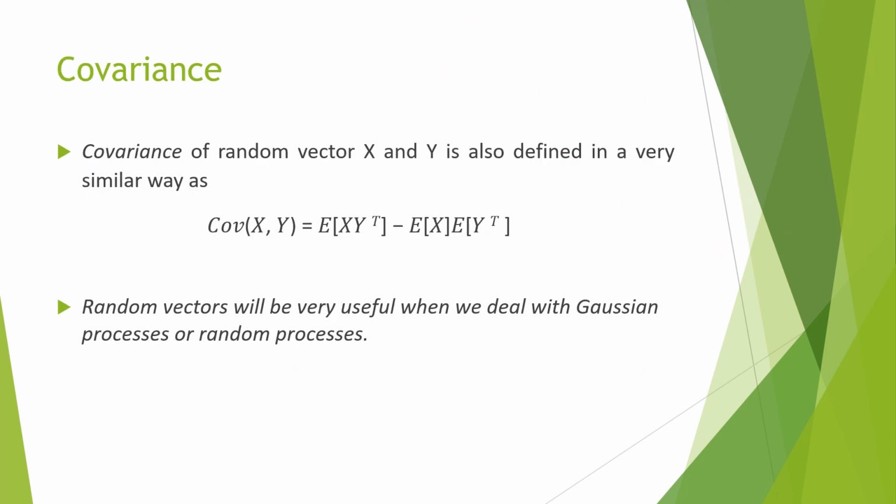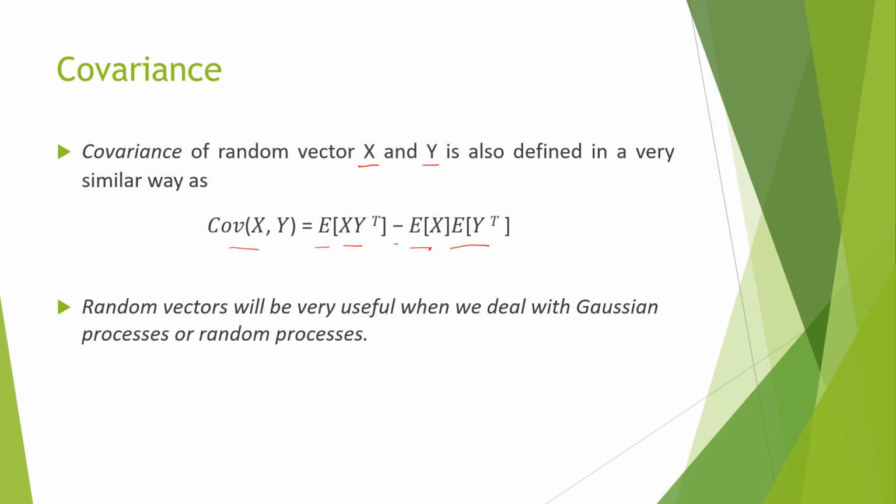Similarly, the covariance of random vectors x and y is calculated as covariance xy is equal to the expectation of x y transpose minus the expectation of x and the expectation of y transpose.